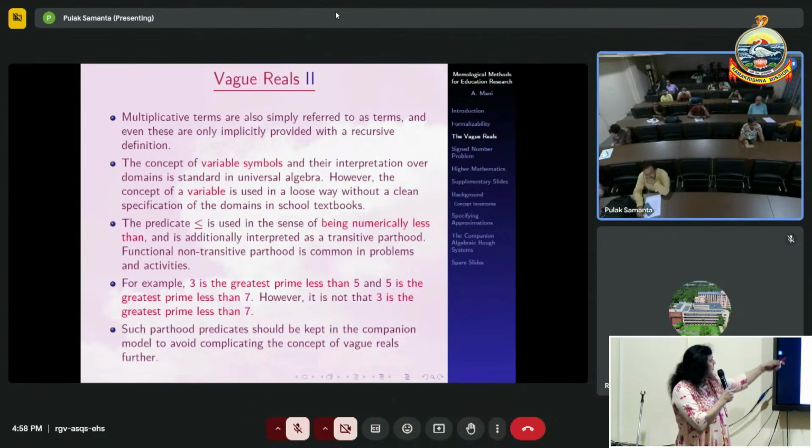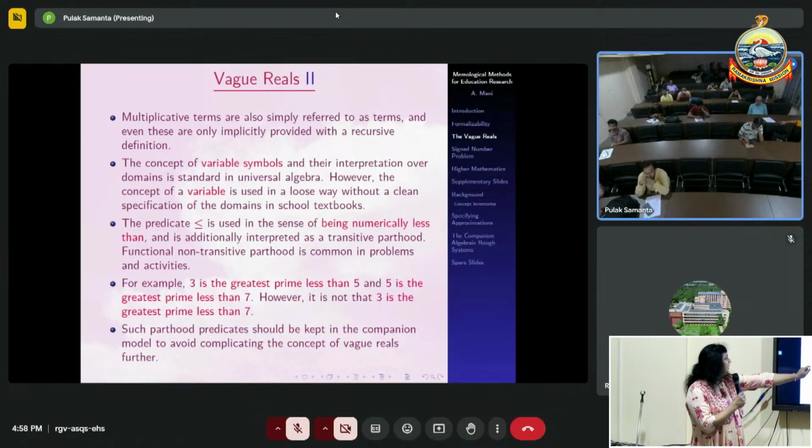And the concept of variable is used in a loose way without a clean specification of the domains in school textbooks. This often happens. And the predicate less than is used in the sense of being numerically less than and is additionally interpreted as a transitive parthood. This needs examples though.